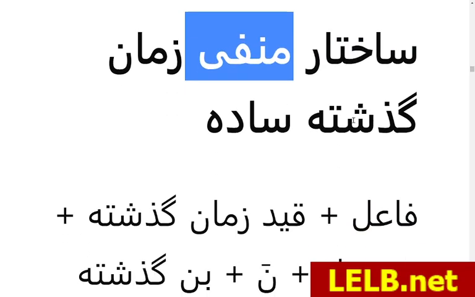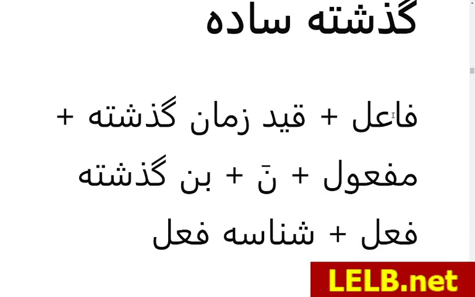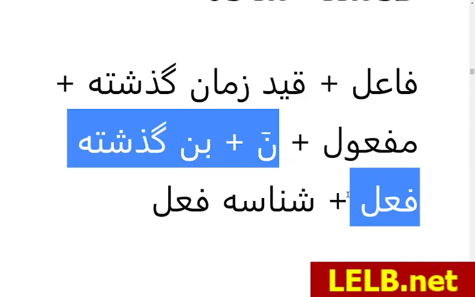So what about the negative structure? Negative structure of any sentence in simple past tense. ساختار منفی. Negative structure. Remember, منفی means negative. زمان گذشته. So it's very similar to the affirmative counterpart, with the difference that we need to add na before بن گذشته فعل, or past root of the verb.